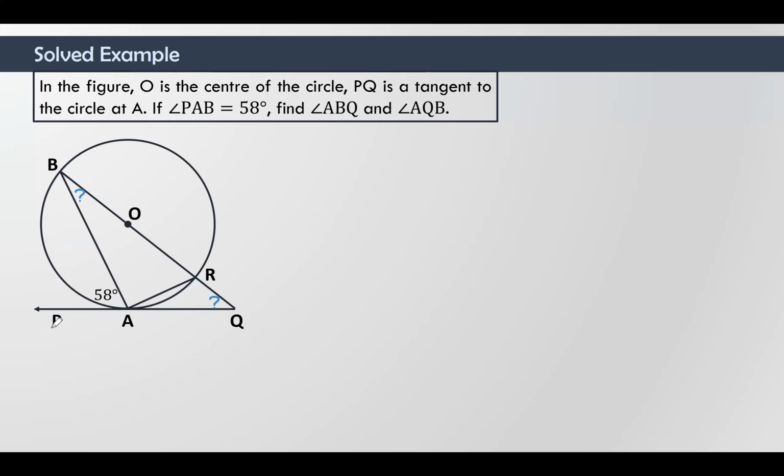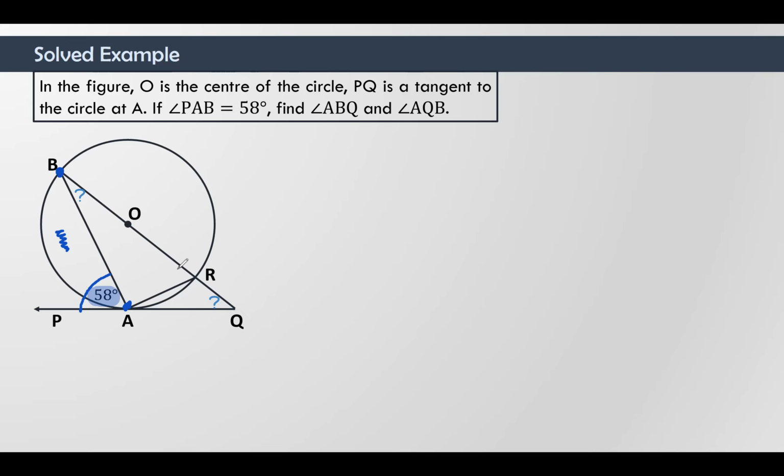Now if we see here, the angle 58 degrees is the angle between tangent and the chord. So as per the alternate segment theorem, angle 58 degrees, which is covering the left hand side segment of the circle, will be equal to any angle formed on the right hand side segment of the circle with the same chord AB.